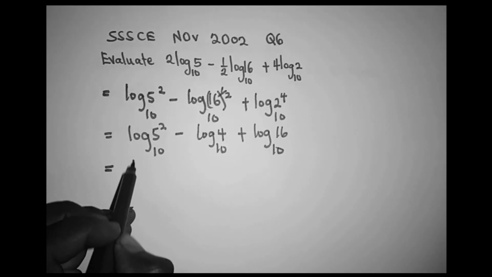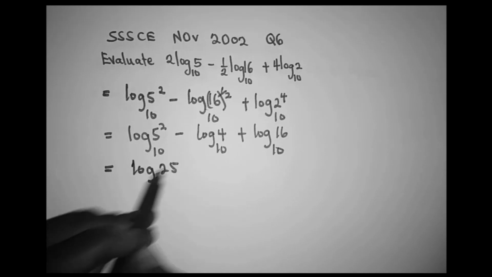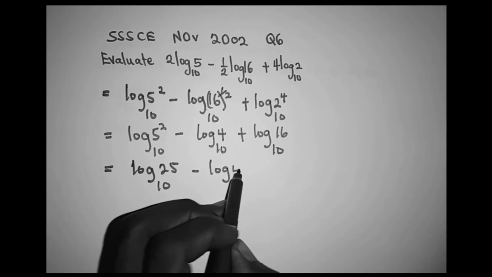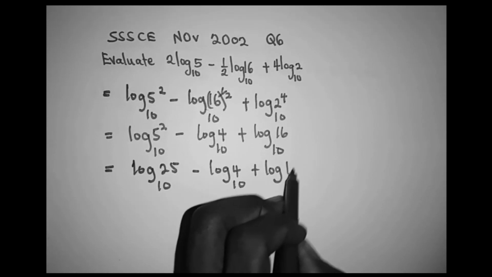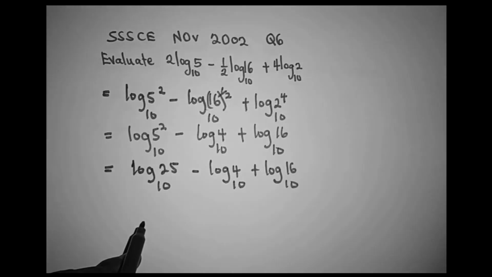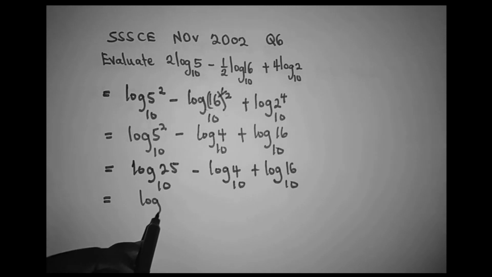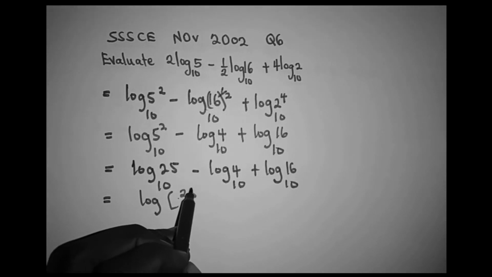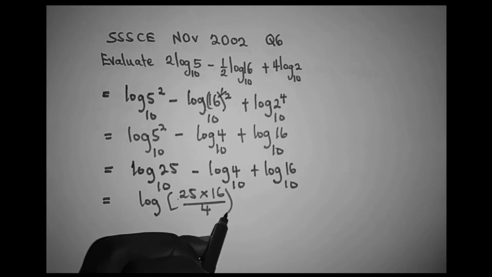So 5 exponent 2 is 25. Okay, so let me write all of this. So this becomes log 25 base 10 minus log 4 base 10 plus log 16 base 10. So this is equal to log of 25 times 16 divided by 4.